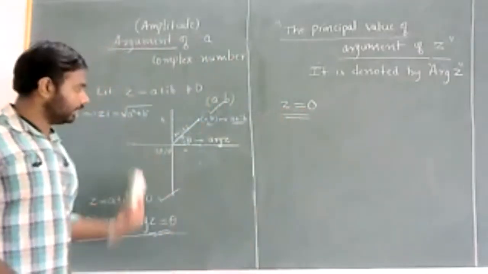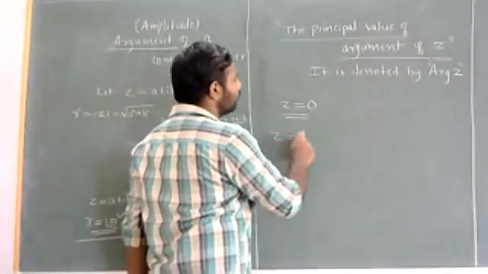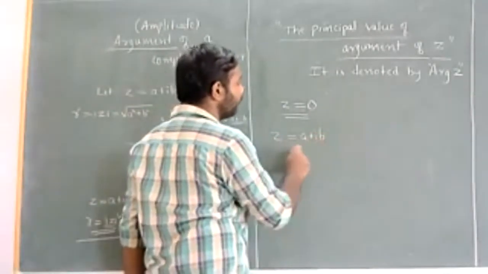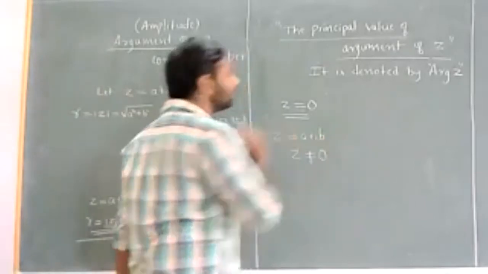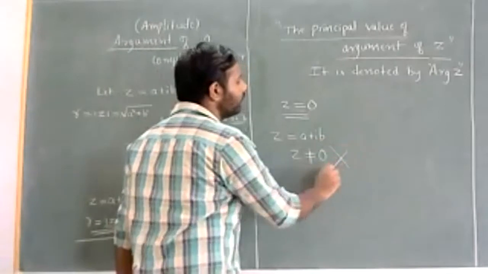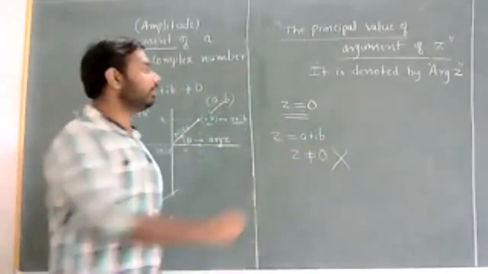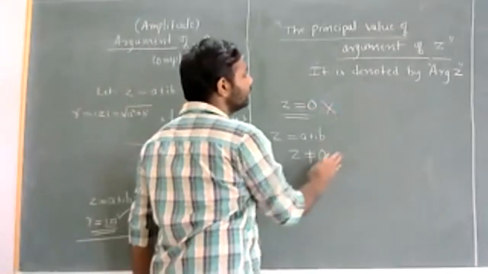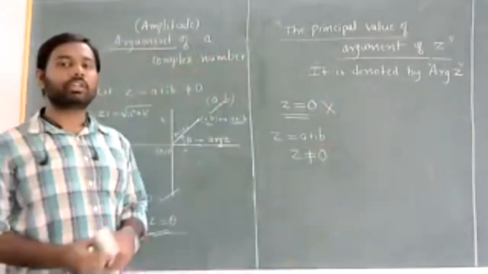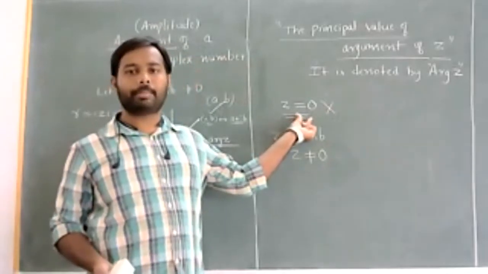You can observe that initially we started with a complex number z equal to a plus ib, which is other than 0. Why have we excluded z equal to 0? What is the reason for leaving behind the zero complex number?